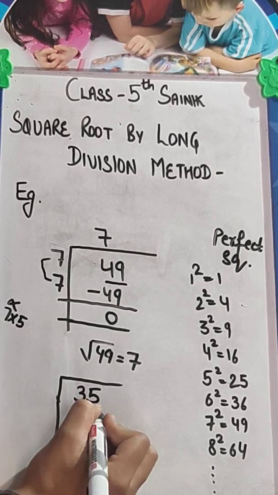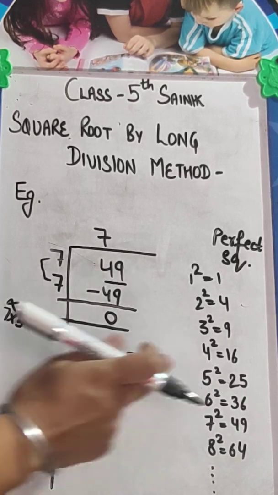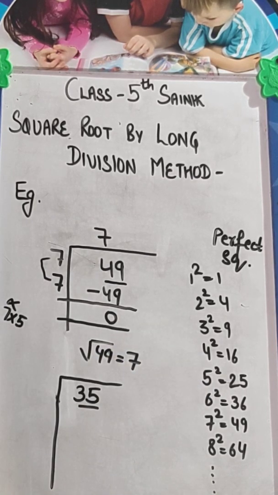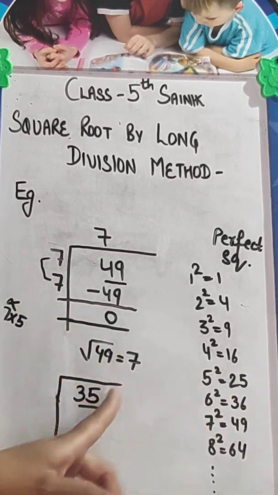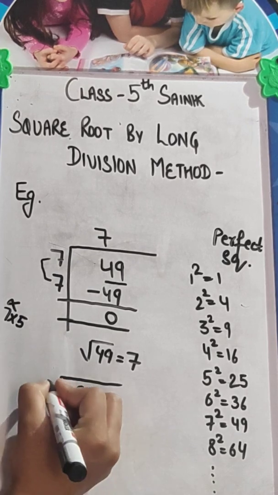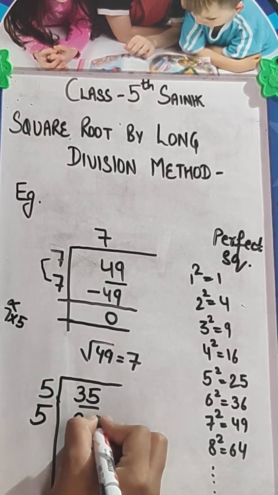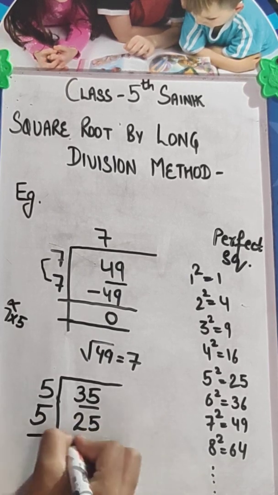So firstly make the pair from last. In this also we are having only one pair and it goes on 5. 5 into 5 is 25. If we take 6 into 6, it is 36, but this is more than 35. That's why I am not taking 6 into 6. Now I am taking 5 into 5, which is 25.